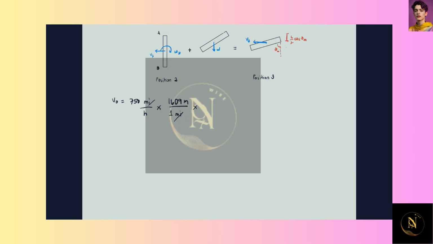And then to cancel hours, 1 hour is equal to 3,600 seconds. So this is equal to 1,100 feet per second.